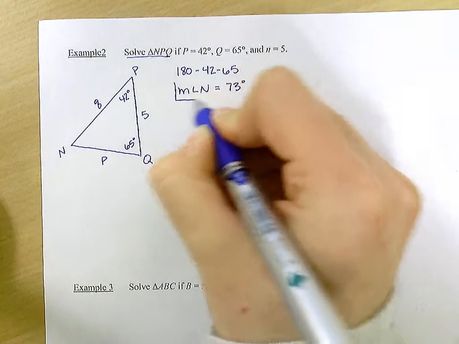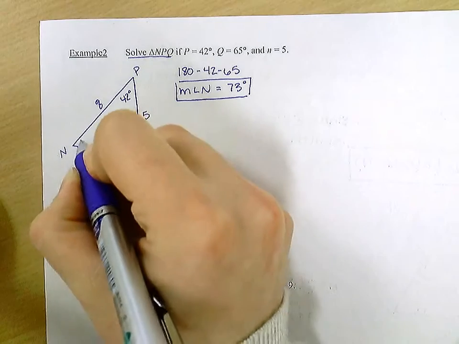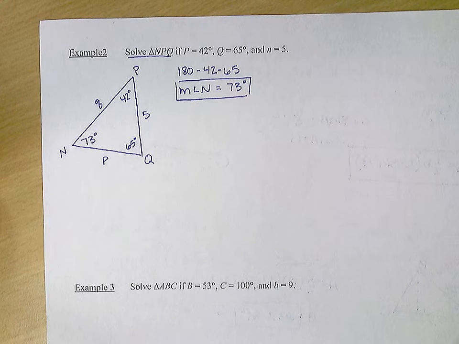Okay, so I found one piece of that triangle. And N is 73 degrees. Now I still need to find those remaining two sides. Now we can't use SOHCAHTOA like we did at the beginning of this chapter because it's not a right triangle. You can only use SOHCAHTOA, so sine, cosine, and tangent, if it is a right triangle.